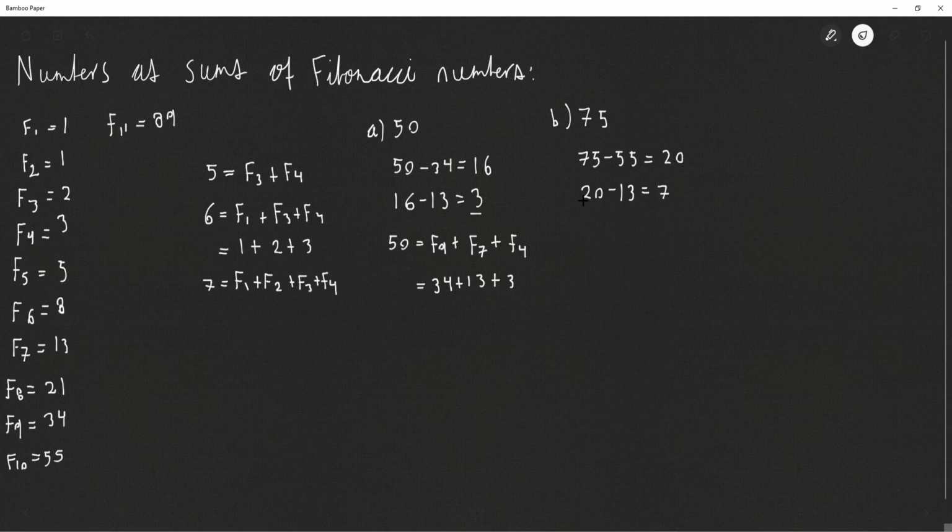And if you look from before, we already know what 7 is. It's our F1 plus F2 plus F3 plus F4.